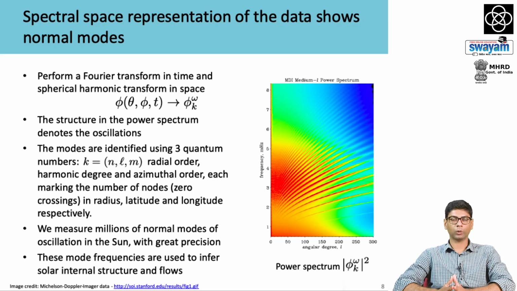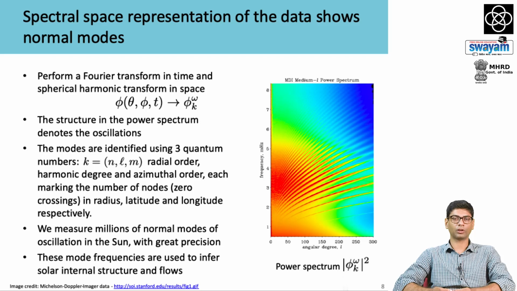We then perform a spherical harmonic transform in space. So the theta and the phi get transformed into L and M. L is spherical harmonic degree, M is azimuthal order, and the t gets transformed to temporal frequency omega. So we write this as phi superscript omega, subscript k, where k refers to L and M.